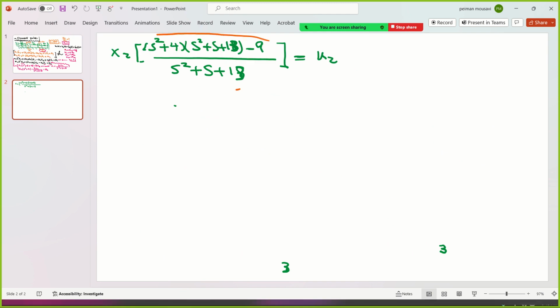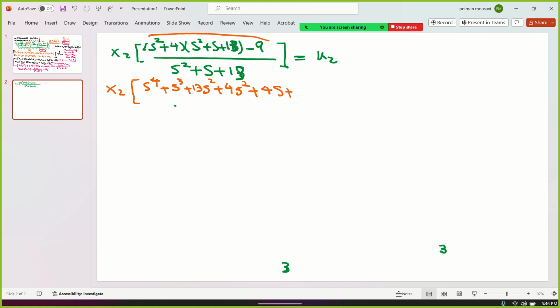this term, you're going to have x2 s4 plus s cube plus 13s squared plus 4s squared plus 4s plus 13 by 4.